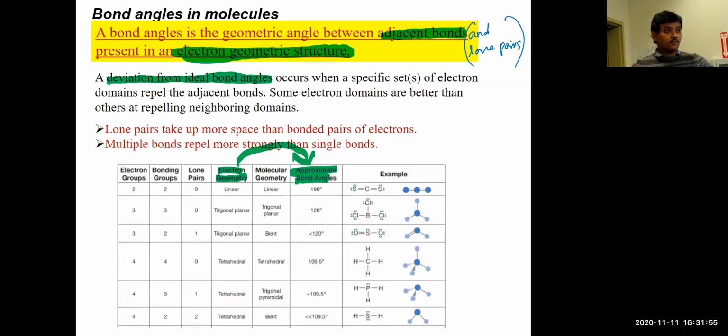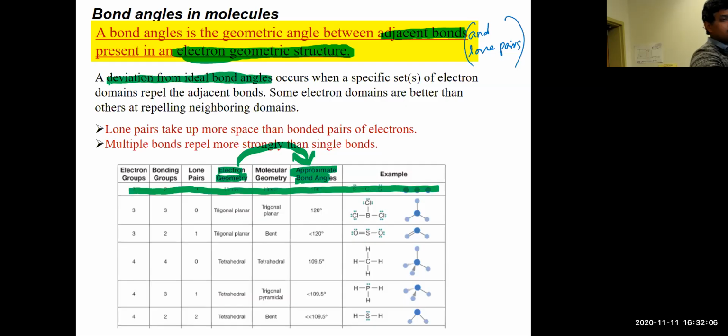Let's take a case where you have just two atoms. Your electron-domain geometry is equal to the molecular geometry because you have no lone pairs.